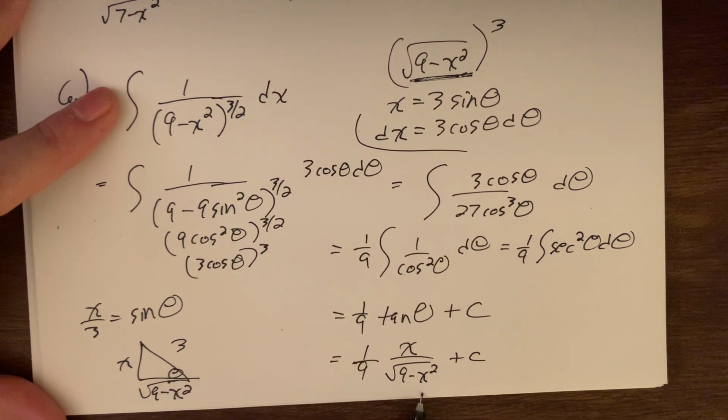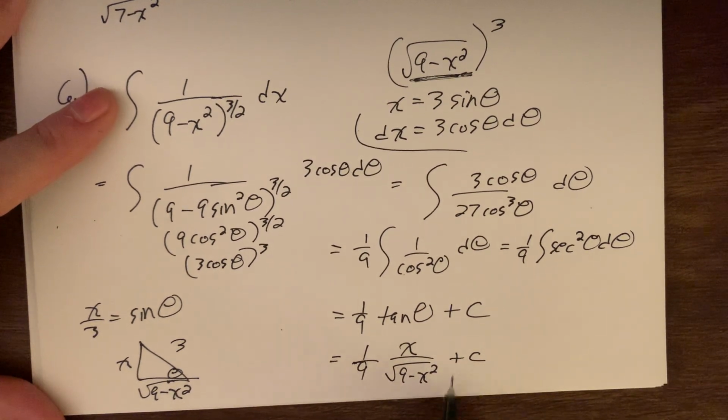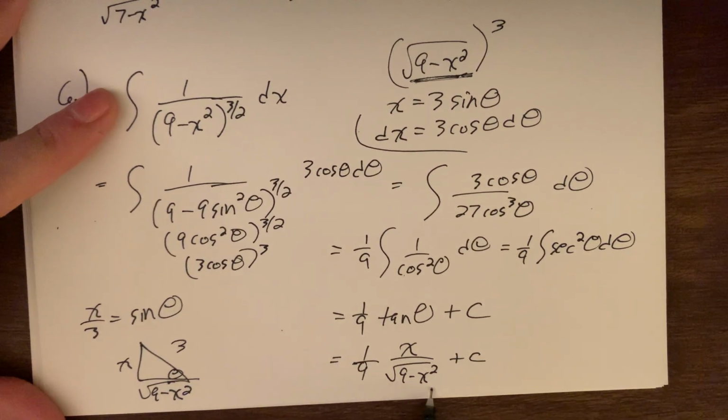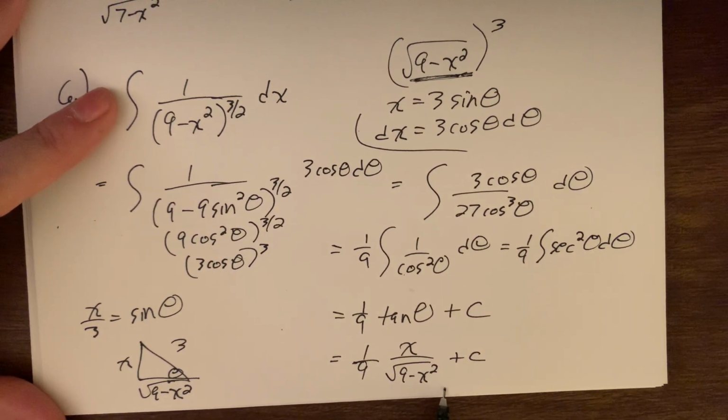So having 1 over the square root of 2, you should multiply top and bottom by square root of 2 to rationalize. You could do that same thing here, multiply top and bottom by the square root of 9 minus x squared. It's just unnecessary, especially if you wanted to check your answer.